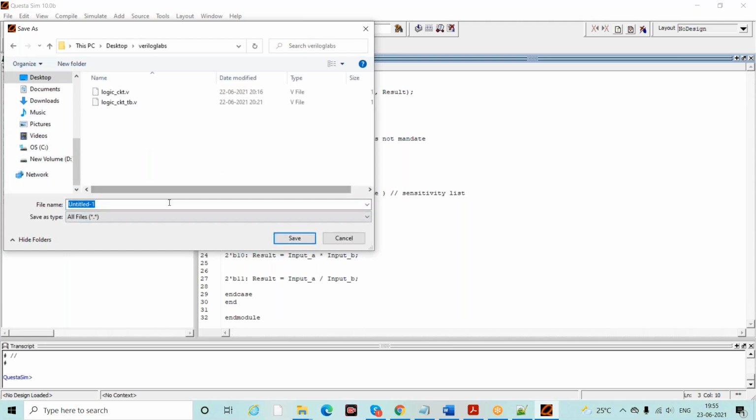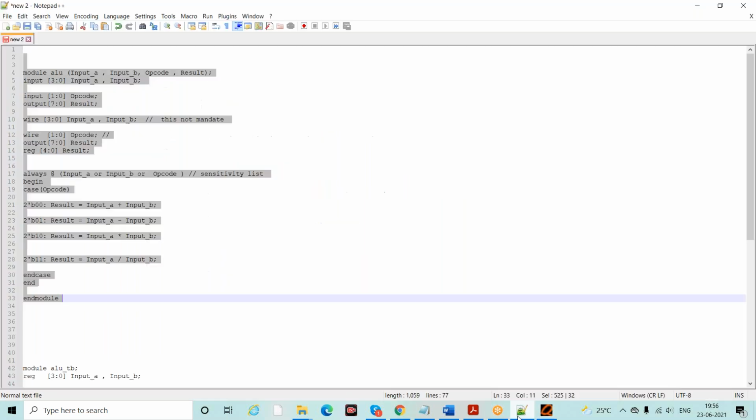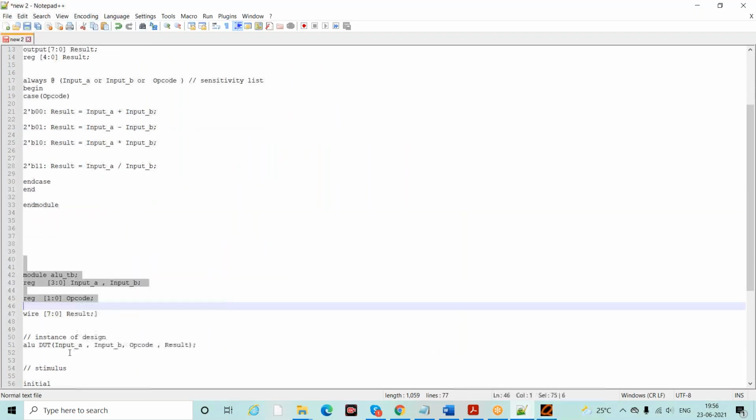I store this in the local disk. You can use the same file name; please practice giving the same name. If you use a different name, you will definitely face compilation issues. If you are familiar with that, no problem.